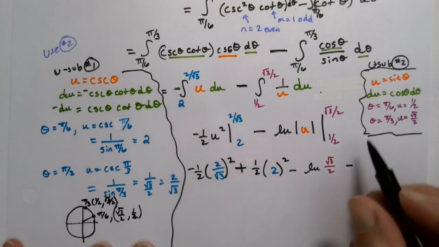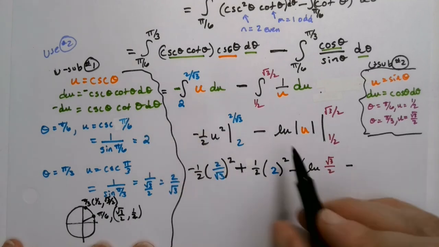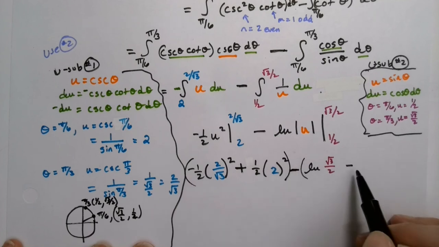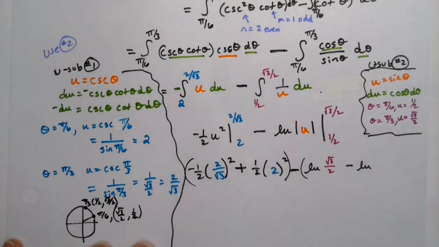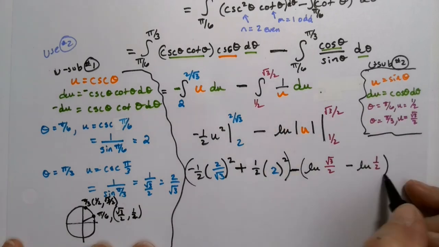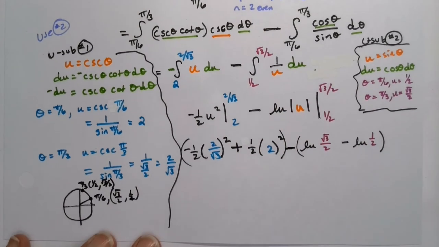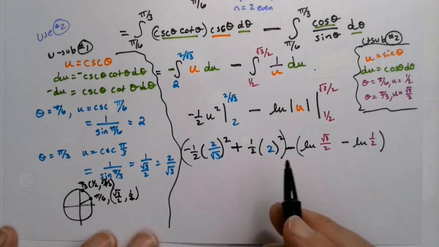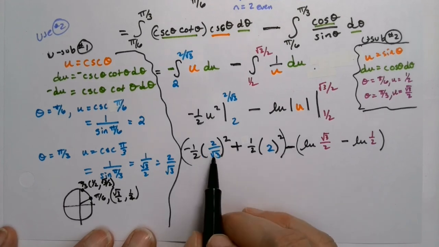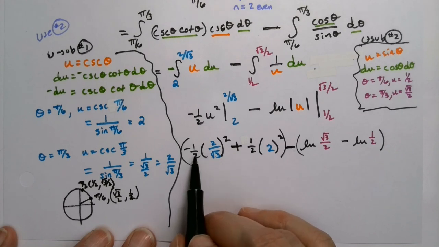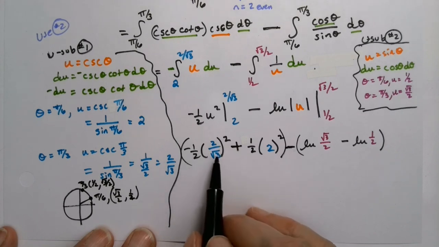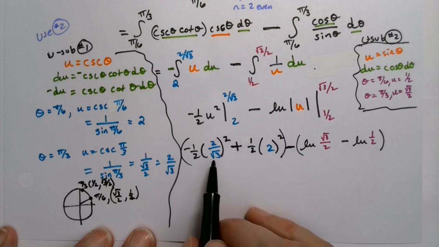And then minus, because this whole thing is the first term, and then minus, this whole thing will be the back term, the natural log of 1/2. All right, so here, this is 4 divided by 3, and then divided by 2. So it's 4 over 2 times 3, because when you take the square root of 3 and square it, it becomes positive.